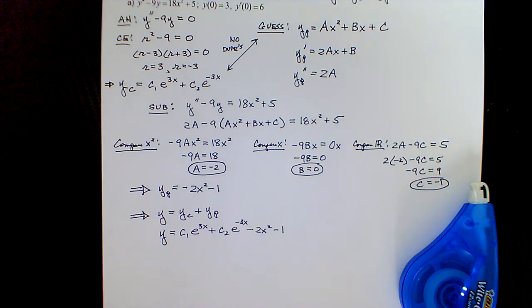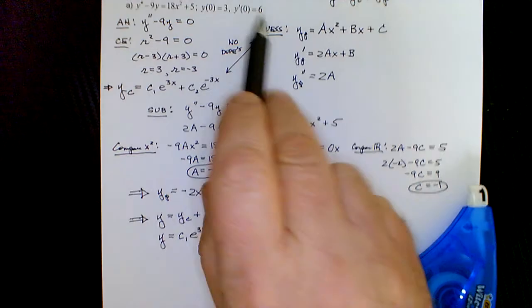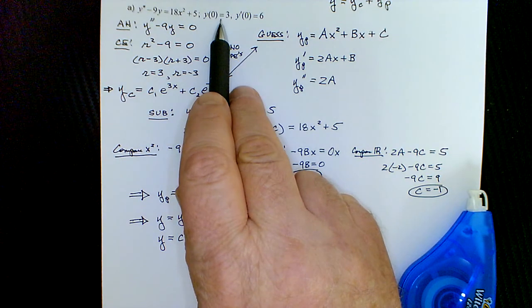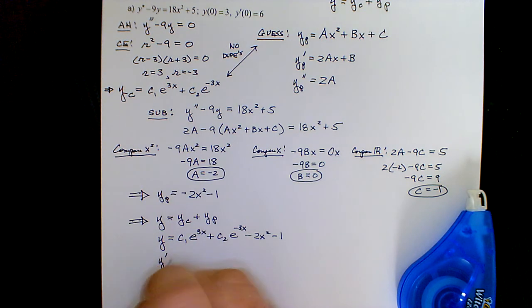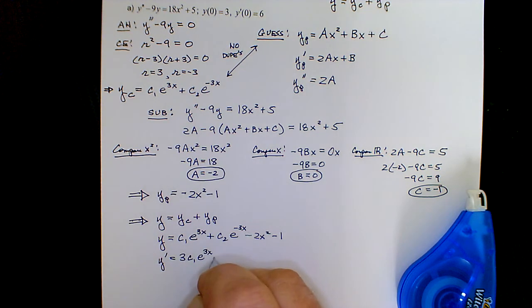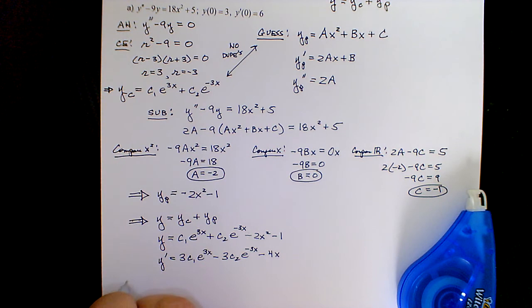Okay, and to solve for c1 and c2, we're going to need to use the two initial conditions that involve the function itself and its first derivative. So let's take the first derivative of this. Get 3c1 e to the 3x minus 3c2 e to the negative 3x, and then minus 4x. And now we can use the initial conditions.